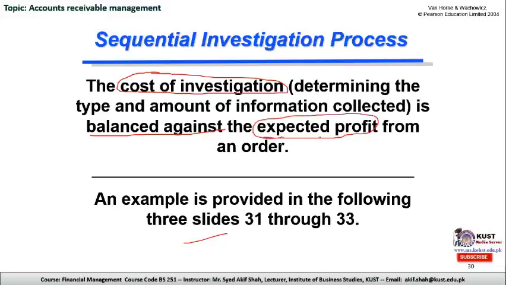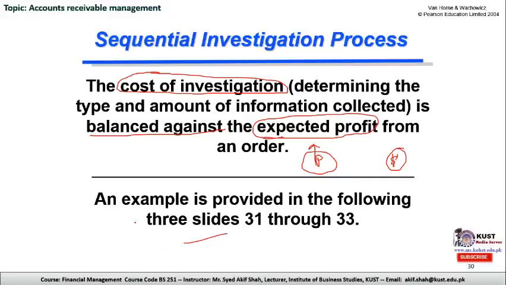So if the expected profit from a credit applicant's order is greater than the cost of investigation, I'm using the dollar sign here to represent the cost incurred, and here is profitability, then the firm will definitely accept the order. So, determining the type and amount of information collected.